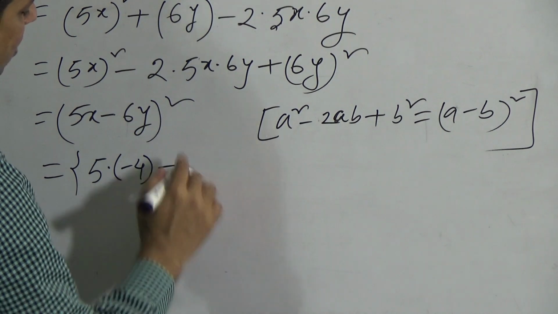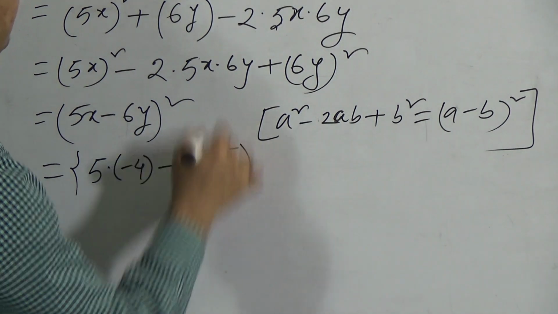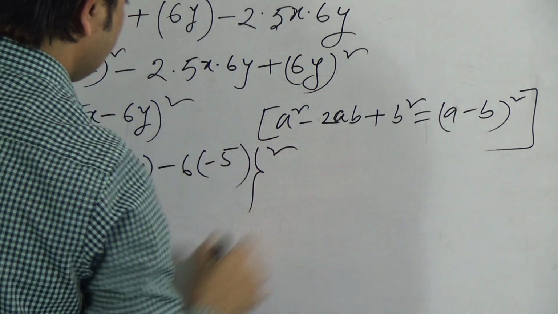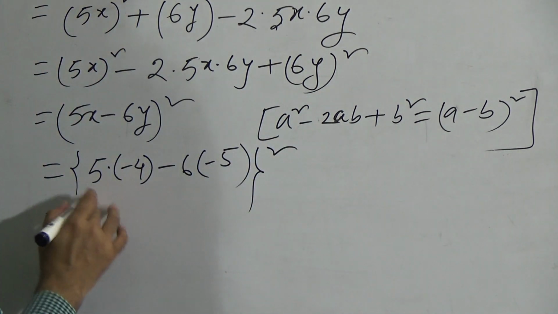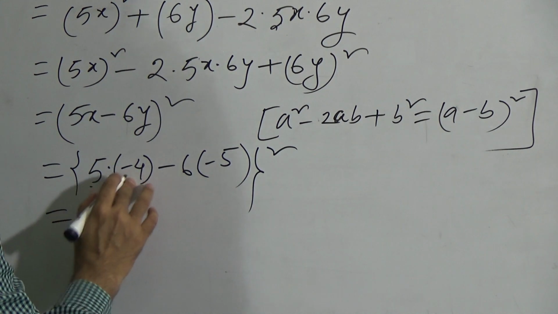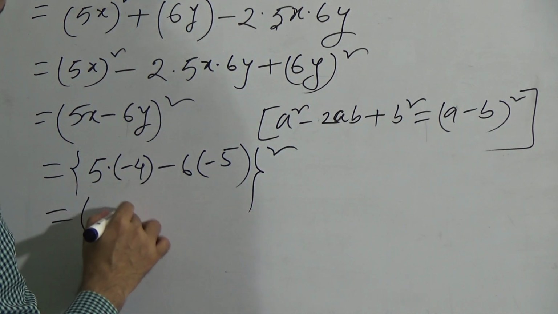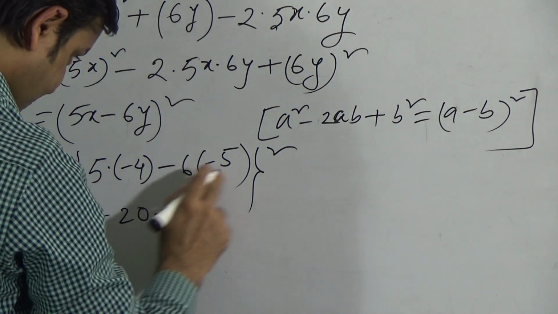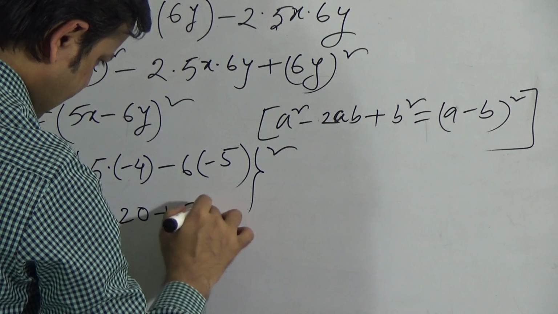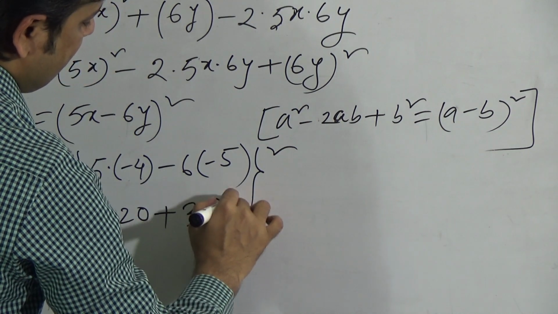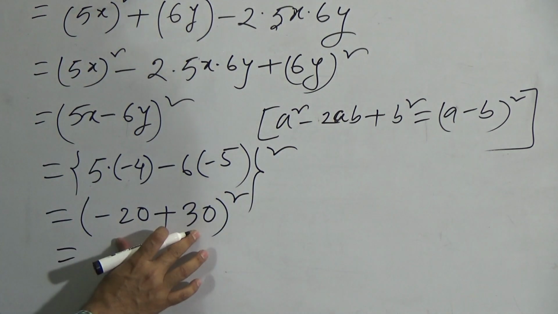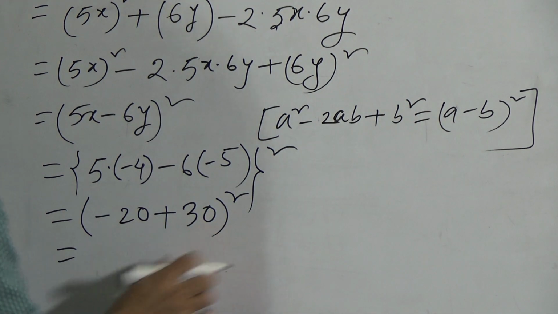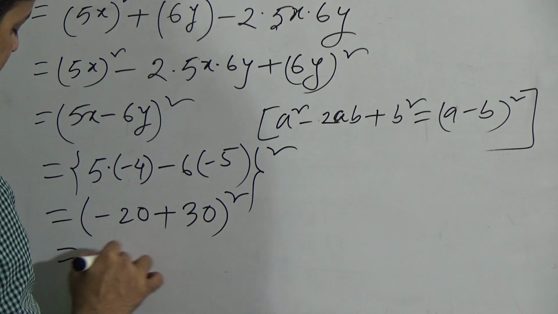Now 6 into the value of y, which is minus 5, here minus 5, and here is minus 4. Now here is the square. The product of plus and minus is minus, this is minus 20, 5 fours are 20. Minus and minus is plus, 5 sixes are 30. Now calculate here: minus 20 plus 30, so here will be positive 10.